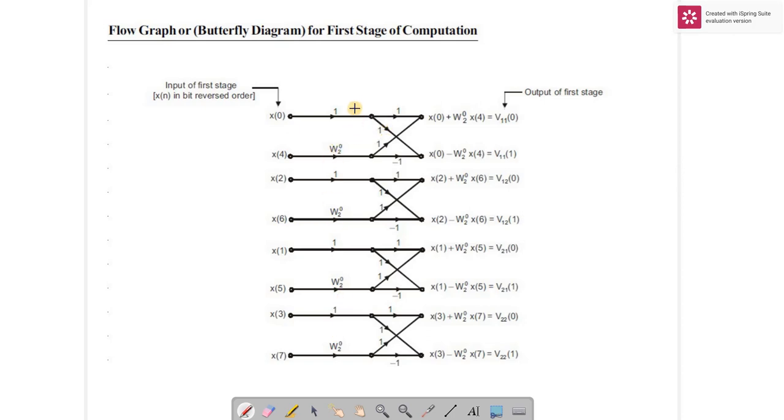The first two inputs are added in this format, A plus B into twiddle factor, and the second line is subtracted, A minus B into twiddle factor. The same format is followed in the next two lines for x of 2, x of 6, x of 1, x of 5, x of 3, x of 7.